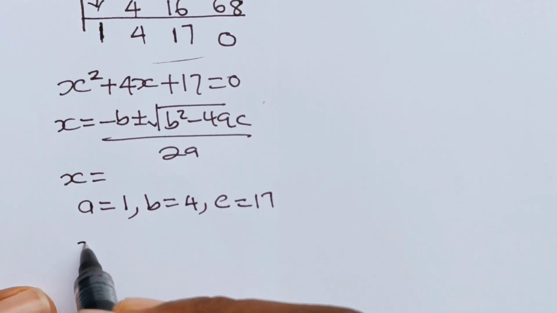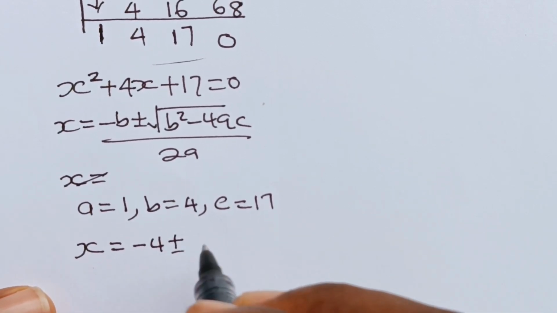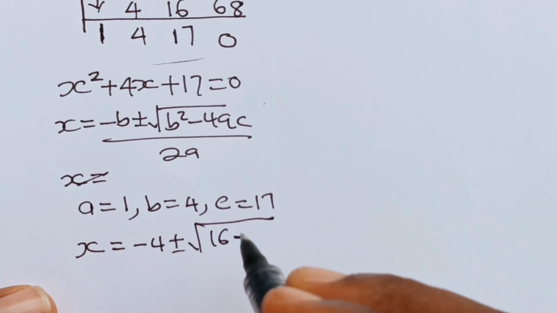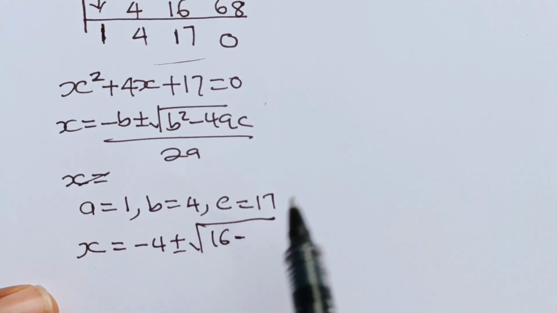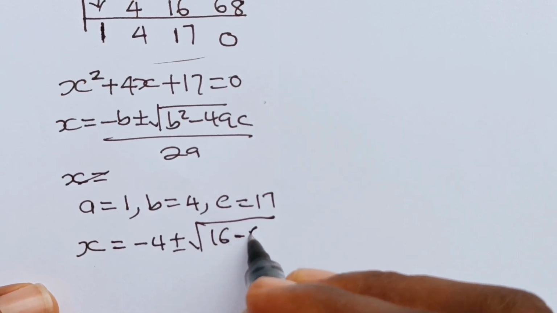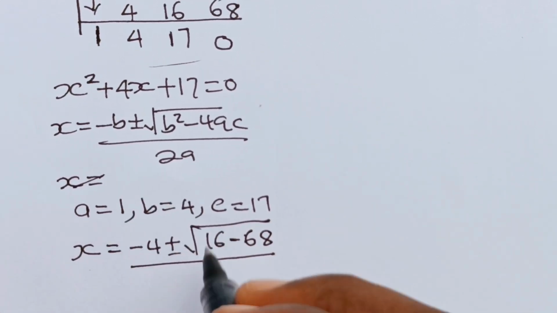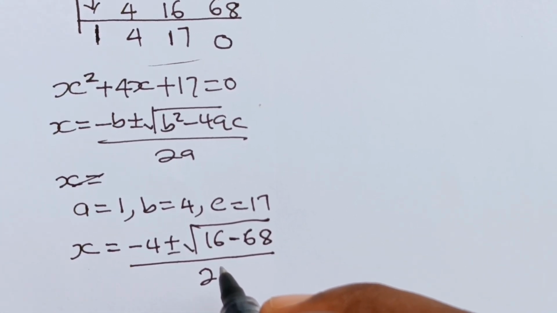Alright, now we have x is equal to minus b, that is minus 4, plus or minus the square root of b squared, that is 4 squared, which is 16, minus 4ac, that is 4 times 1 times 17, which will give us 68, right? Divided by 2 times 1, which will give us 2. Alright, now let's solve.